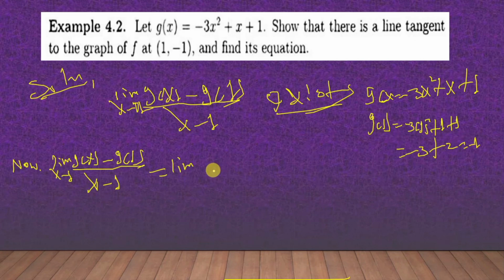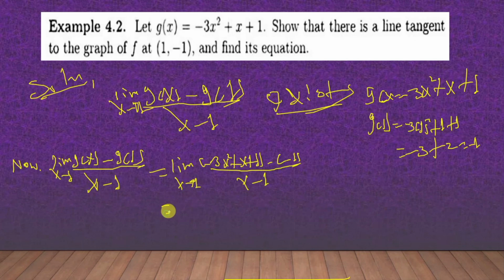So g of 1 is equal to minus 1. Now the limit of minus 3x squared plus x plus 1, minus g of 1, which is minus 1, the whole divided by x minus 1 as x approaches 1.